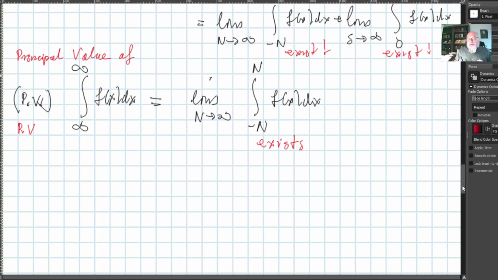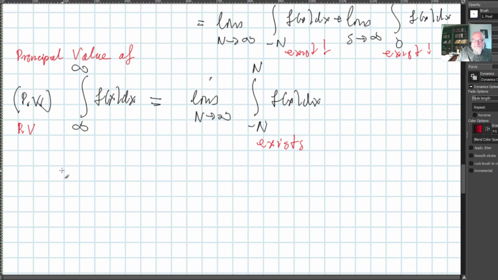So maybe now, if you look at this particular situation, you can say, why not extend this to the different type of improperness? So, for example, suppose the following.